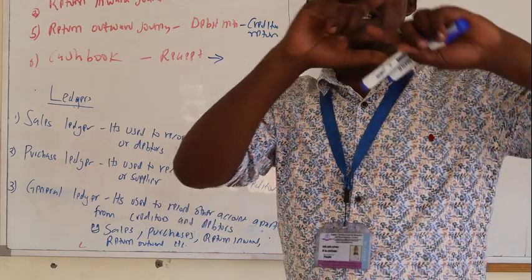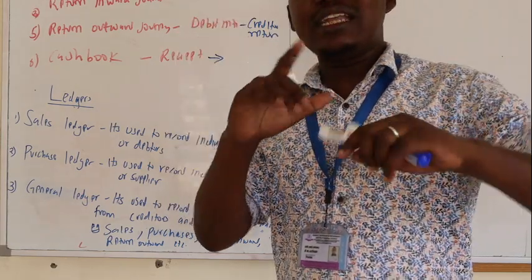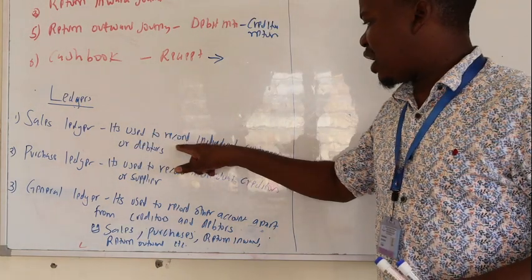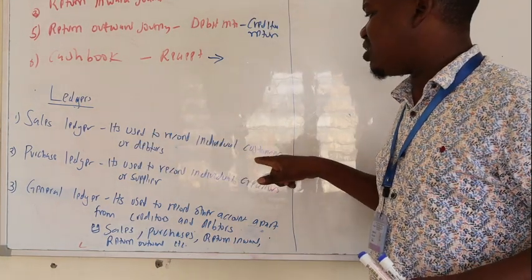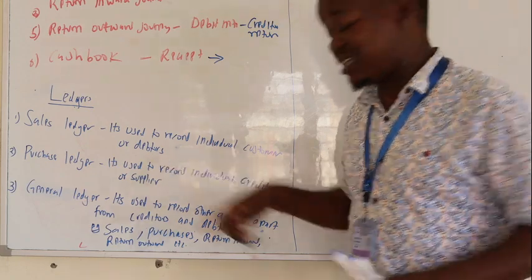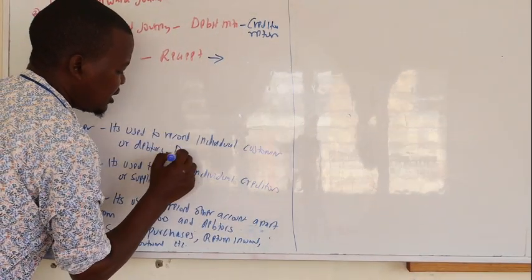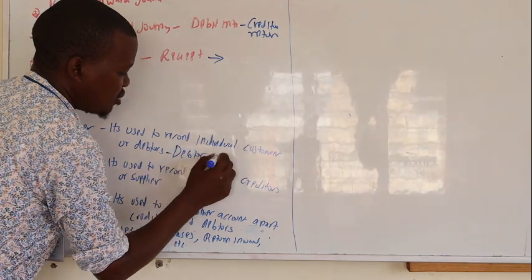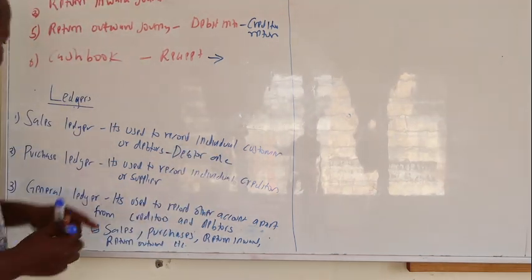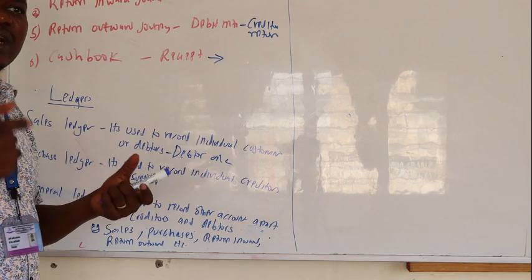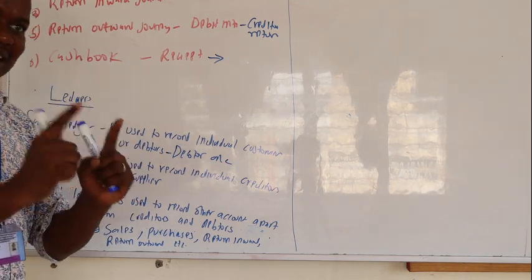A ledger is an account which contains individual accounts. It is used to record individual accounts of customers or debtors. So the sales ledger, we always use it to record individual debtors' accounts.